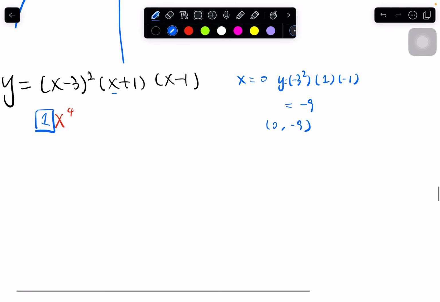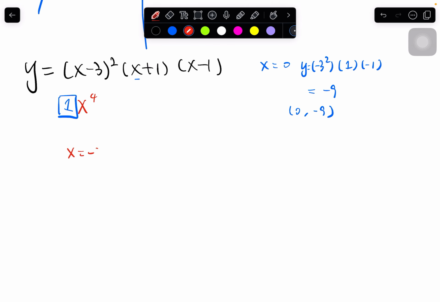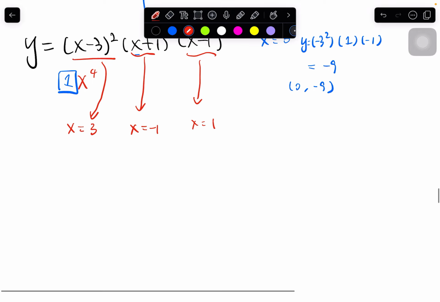And we talk about its x-interceptions. X-interceptions are respectively x equals 3 here, contributed by this one, and also x equals minus 1, x equals 1, contributed by these three terms.